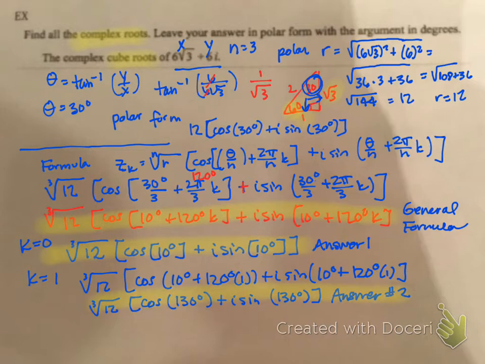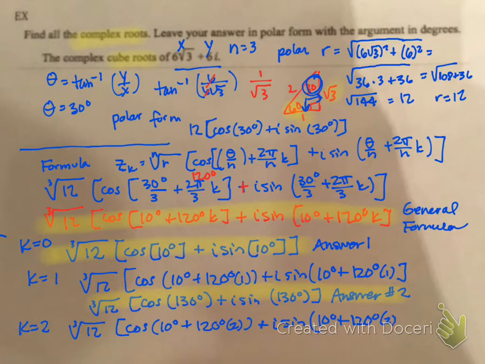Okay. All right, let's do k equals 2. So I get the cube root of 12, cosine of 10 degrees plus 120 times 2, plus i sine of 10 degrees plus 120 times 2. Okay, so 120 times 2 is 240.